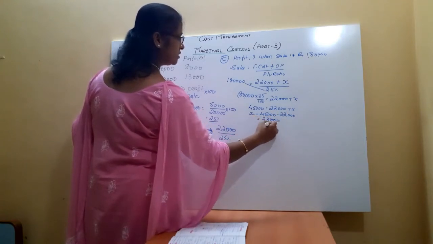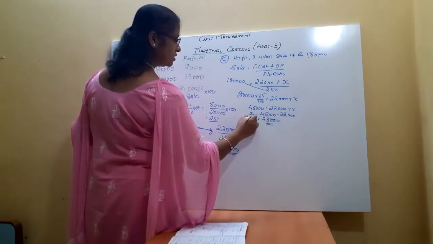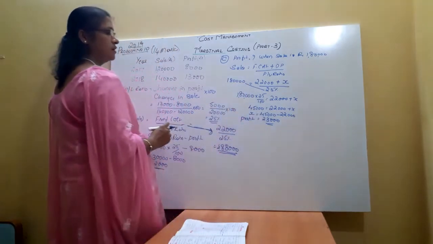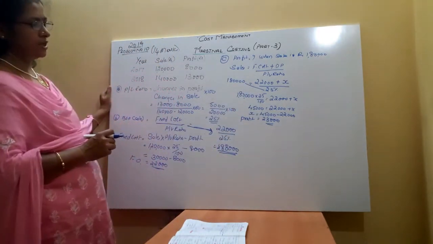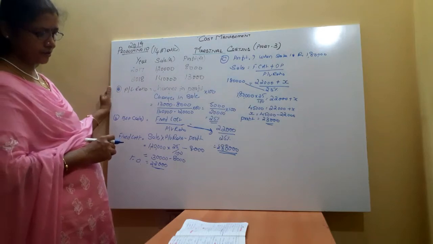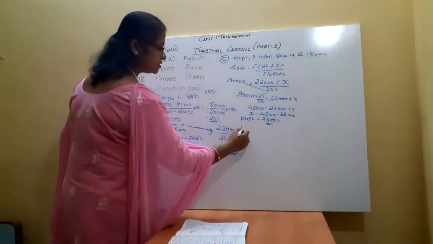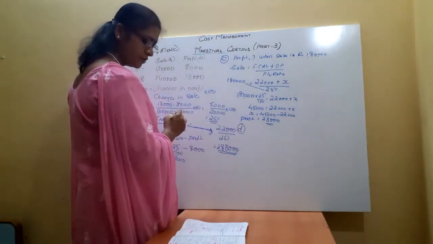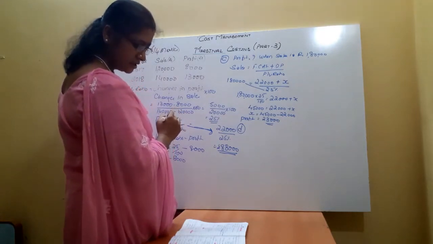So what is this 23,000? This is the profit to be earned if the sales is 1,80,000.